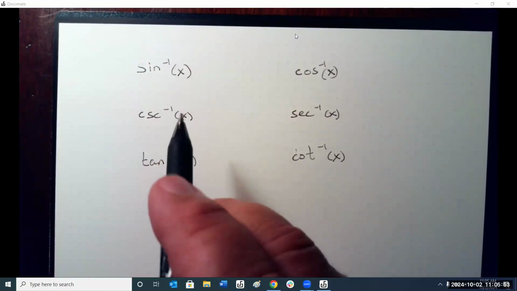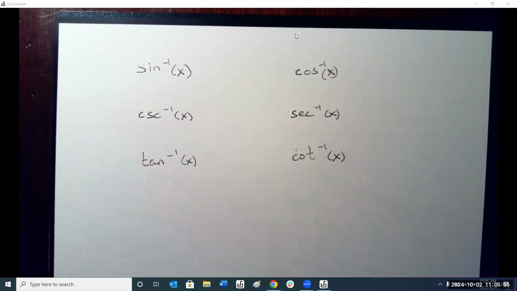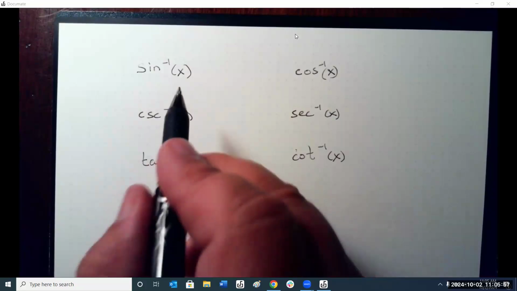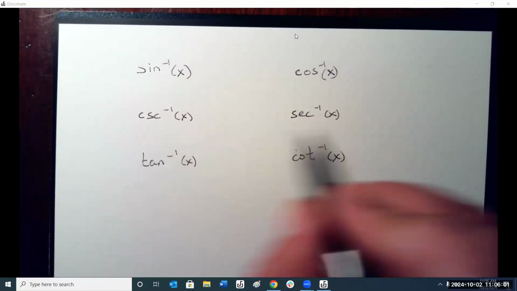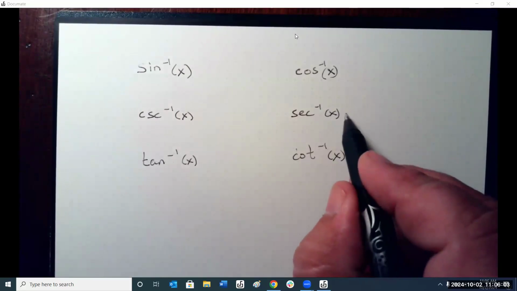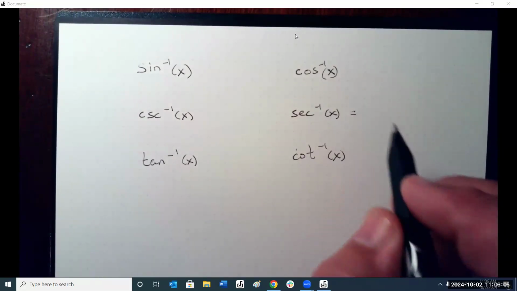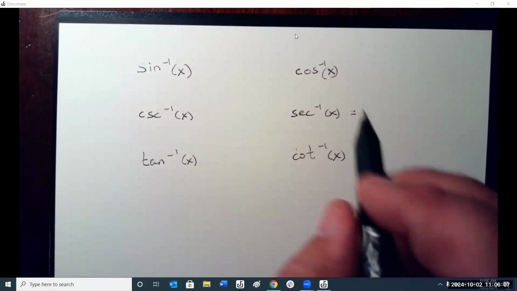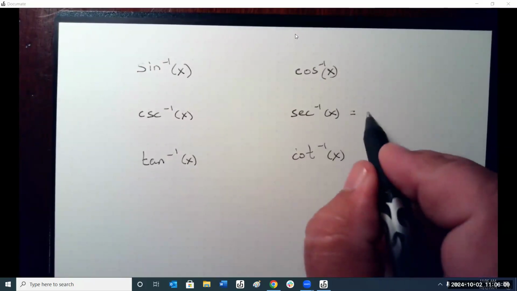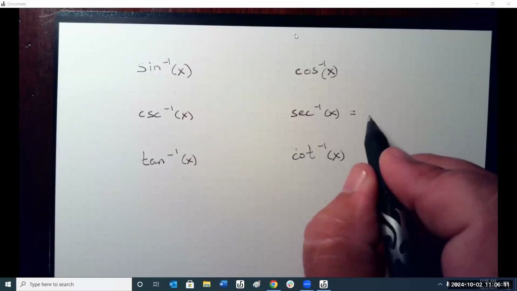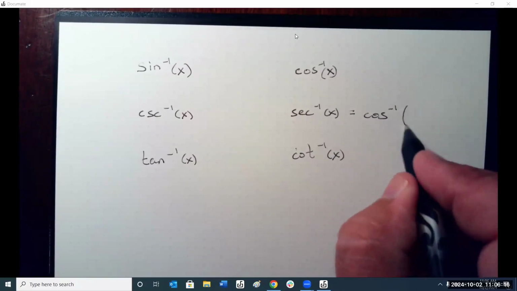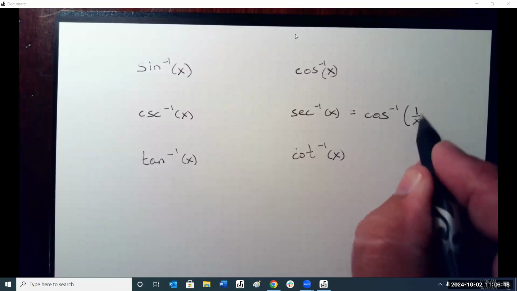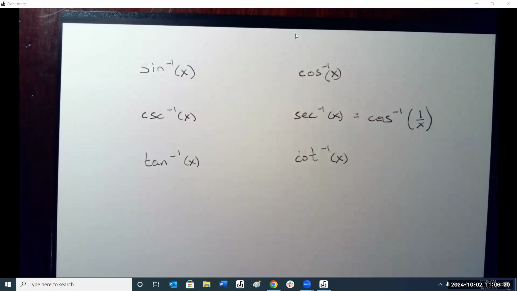Now, the reciprocal functions, for example, everything goes to sine and cosine. Secant, for example, is 1 over cosine. But since we're taking the inverse of it, our relational comparison is like that.